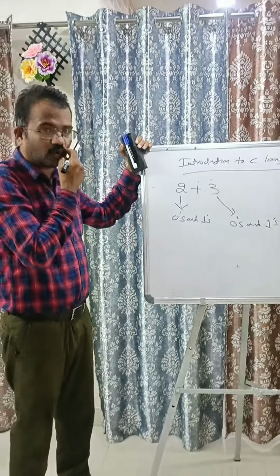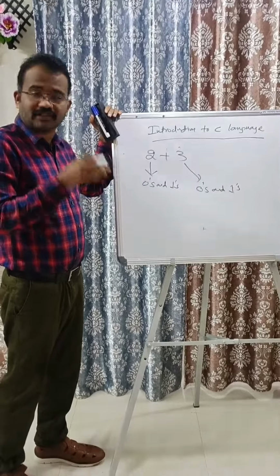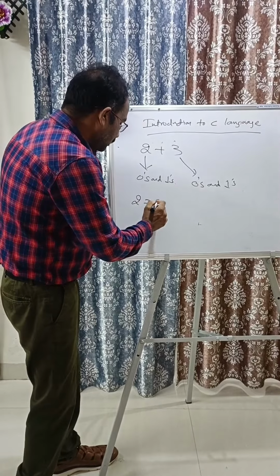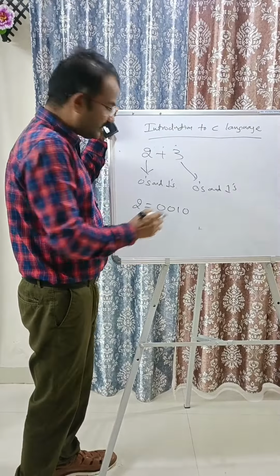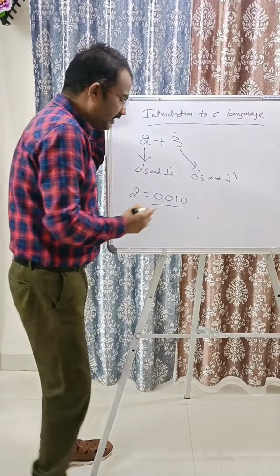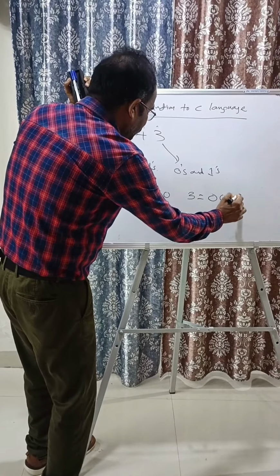So how to write 2 in zeros and ones? In binary language, 2 we can write as 0, 0, 1, 0. So this is called 2 in binary language. 3 means 0, 0, 1, 1.